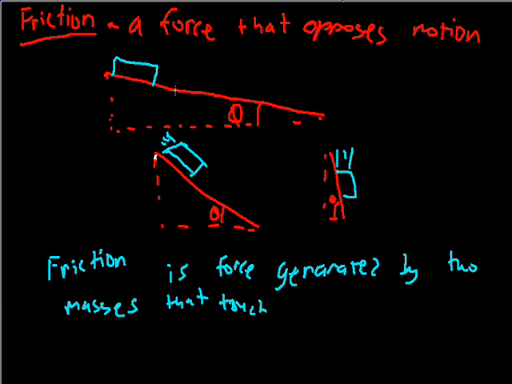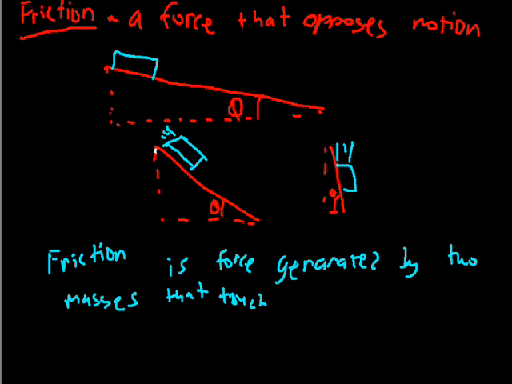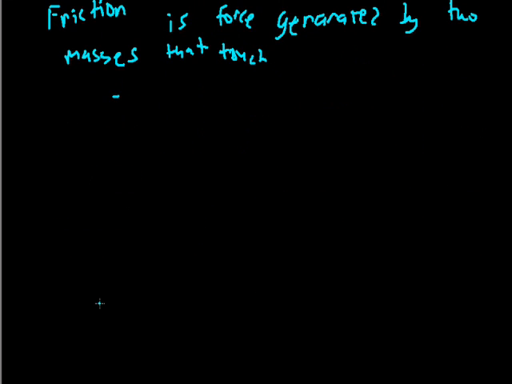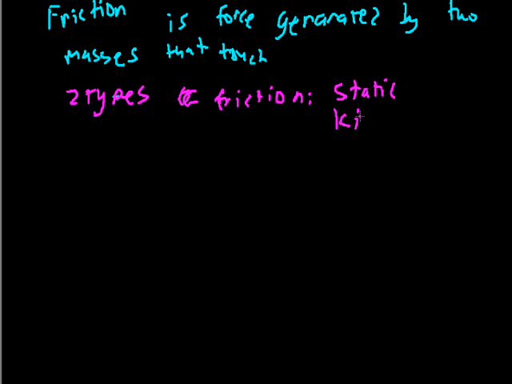So if we look at friction, we see that there are two things going on here. There are actually two types of friction. We have static friction and we have kinetic friction.